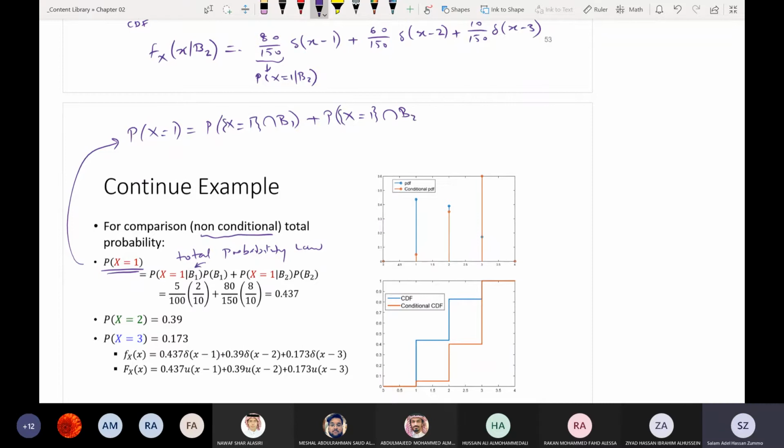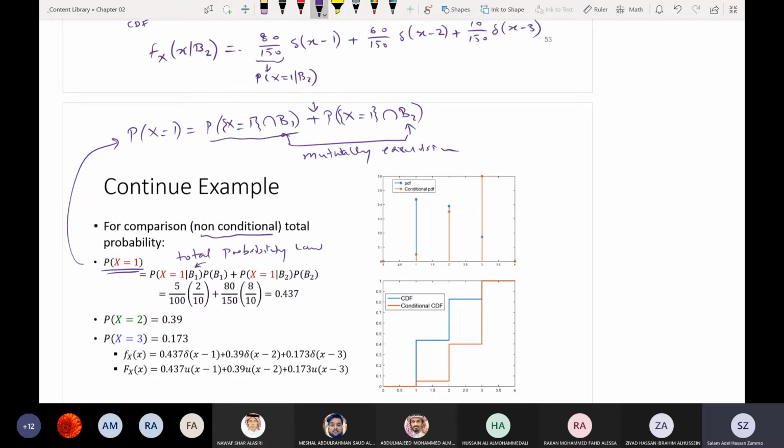Why? Because B1 and B2 are what? What do we call them? Mutually exclusive. What does mutually exclusive mean? If I select B1, I cannot select B2. Either I pick a ball from one of these boxes. And because of that we make addition here.